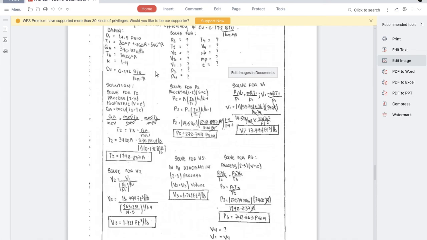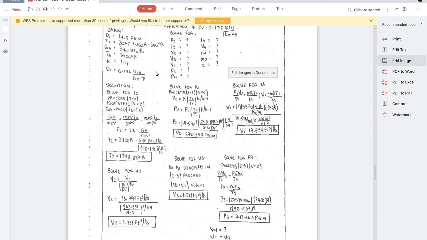The formula that we get is P3 equal to P2 T3 over T2, which is 272.747 psia times 3400 R over the T2, which is 1248.837 R. The answer that we get for P3 is 742.563 psia.